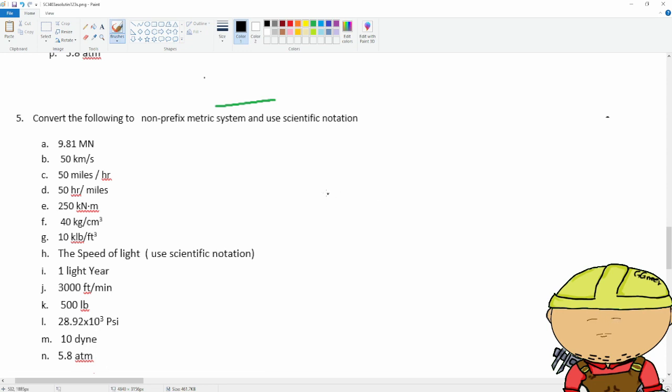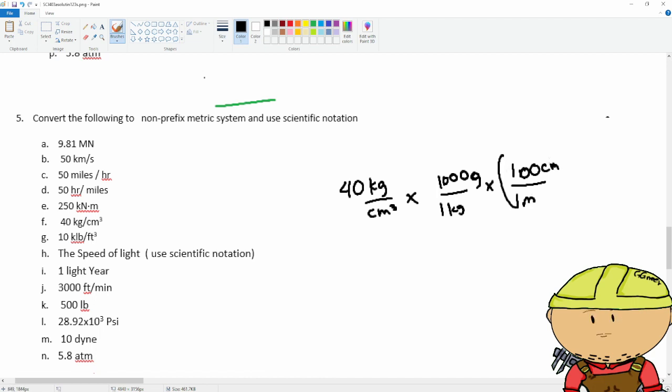Okay, so 40 kilogram per centimeter cube. So 1 kilogram is 1,000 gram. Then 100 centimeter is 1 meter, cubed.